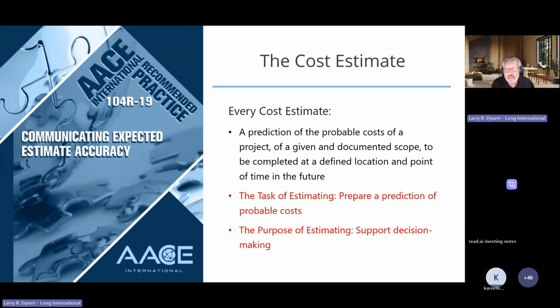It's simply a set of numbers if it's not being used to support a decision by our management, by our client, or whoever. And when we understand that the purpose of estimating is to support decision making, then that should key us into providing much more information about our estimate so that the most effective decision is made based on the work that we've presented.